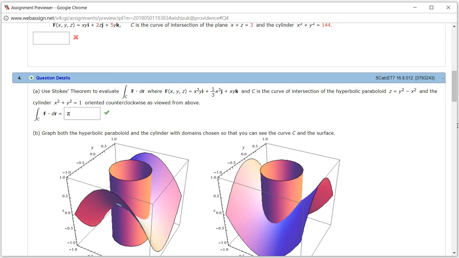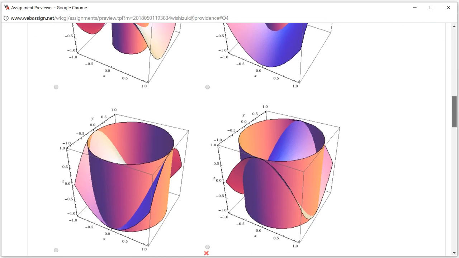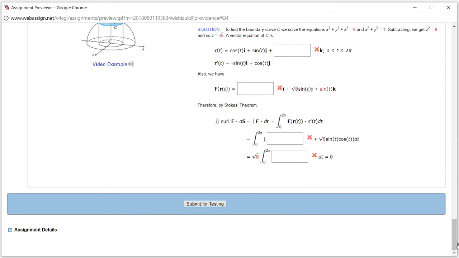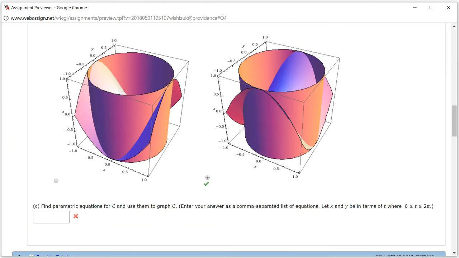The y squared has a positive sign, so in the y direction it should be concave up. In this one it looks concave downward in the y direction, while for this one it looks concave upward, so this should be the answer. Let's check the answer. Submit for testing. I came back and it looks like we got this one correctly.